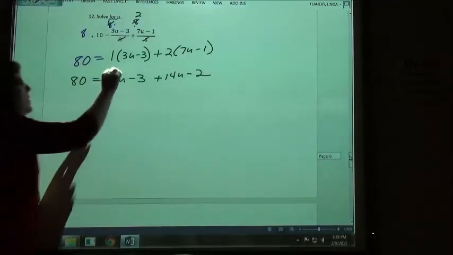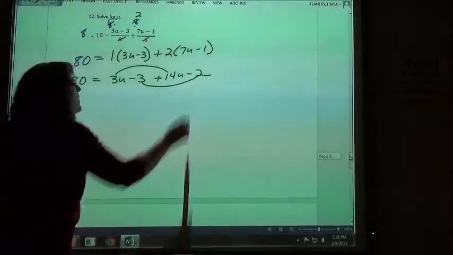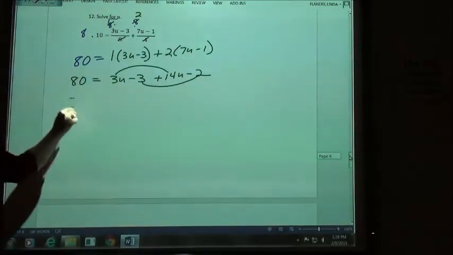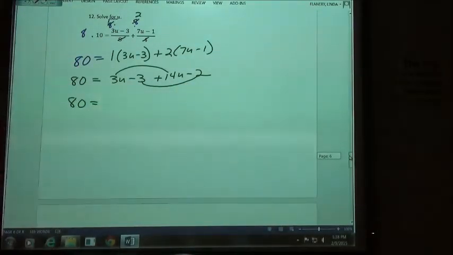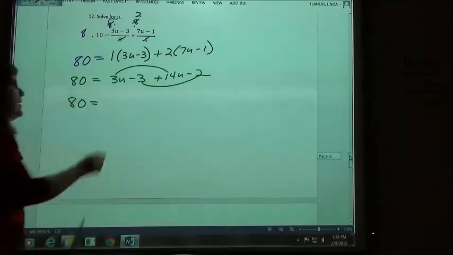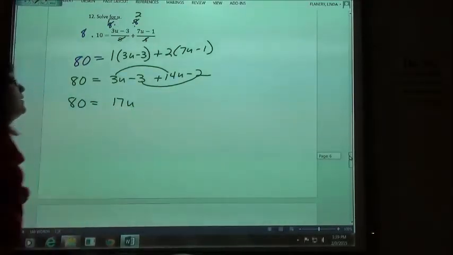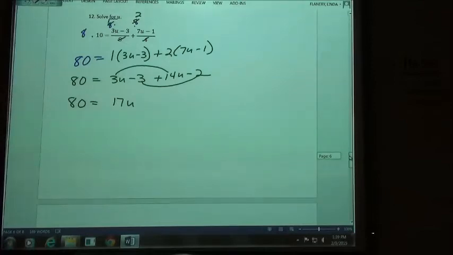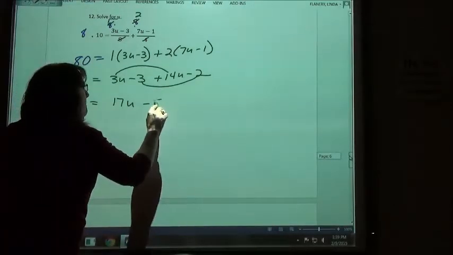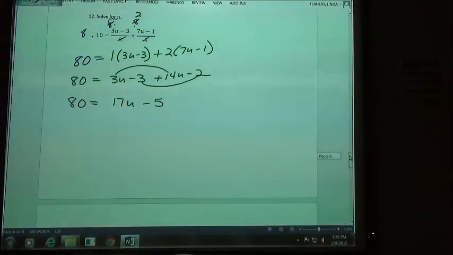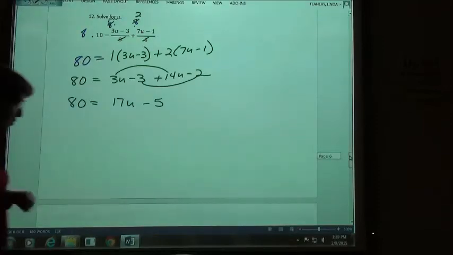I'm going to combine them. I'm not moving them. I'm just going to put them together. So 3u plus 14u would be 17u. Negative 3 minus 2, negative 5. Now I want to solve that for u.